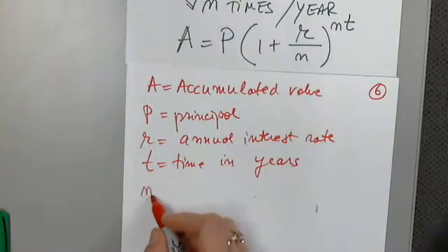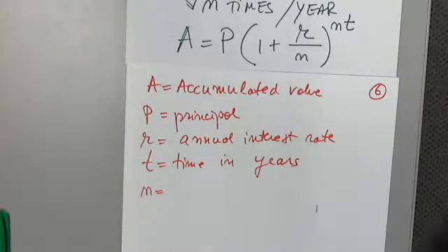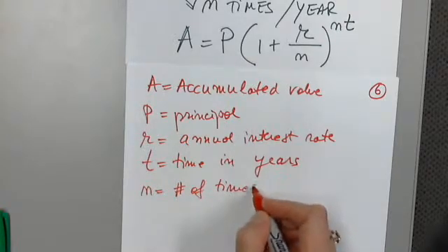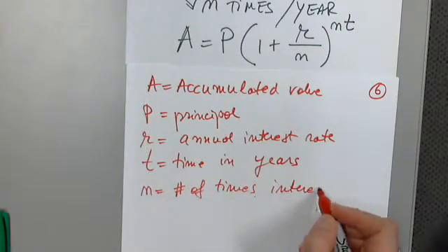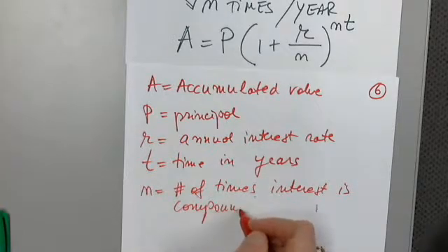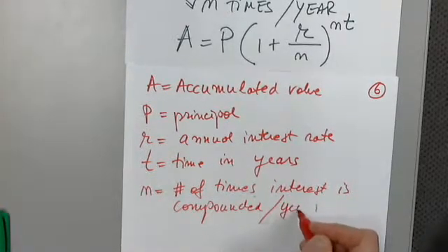Lowercase n is the number of times interest is compounded per year.